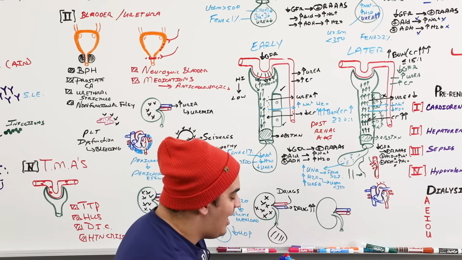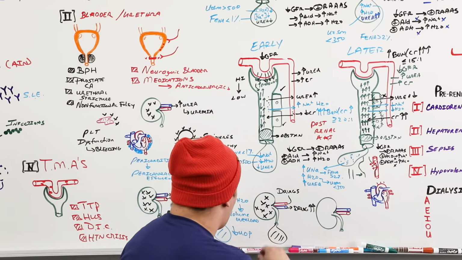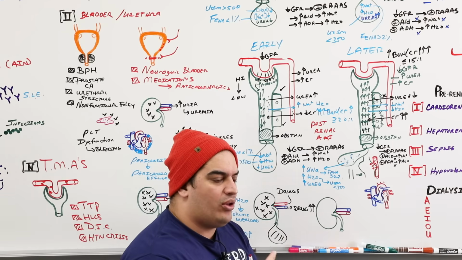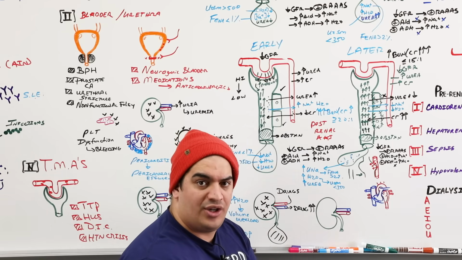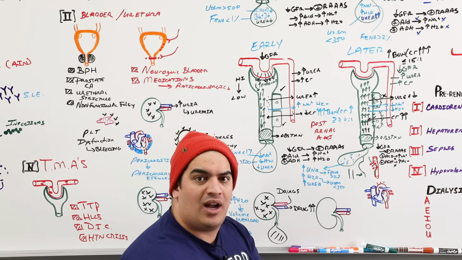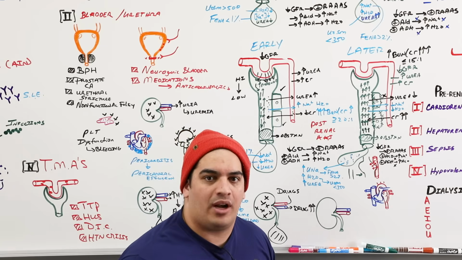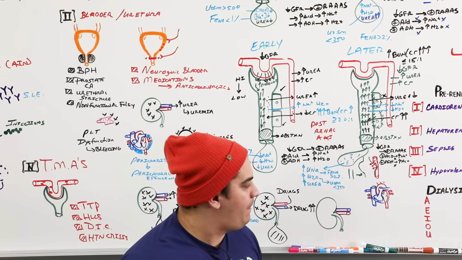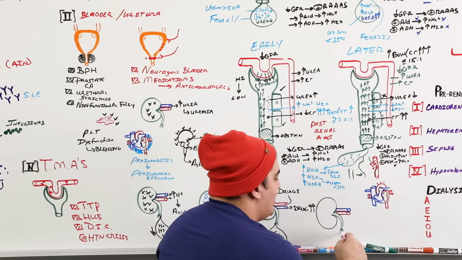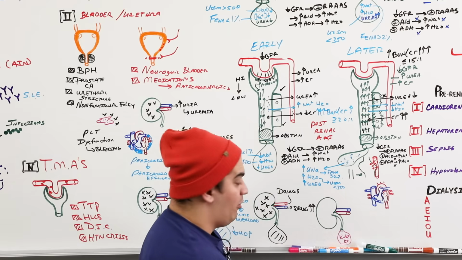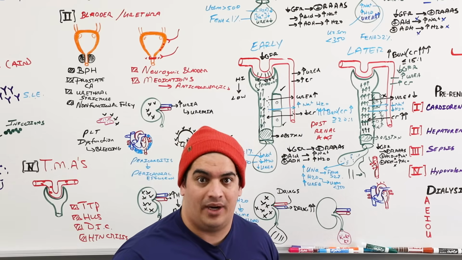All right, what else? The last one that I want you guys to think about. The kidneys are good at maintaining not only acid-base balance, not only fluid balance, not only drug excretion, not only removal of nitrogenous waste products, but also electrolyte balance. You know the biggest one that I really want you to think about? Potassium. Normally the kidneys are good at excreting potassium into the urine when it needs to, right?